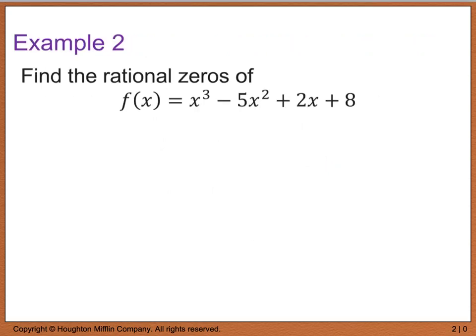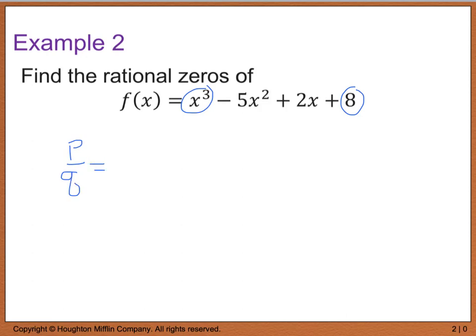So example 2 says to find the rational zeros of the function x cubed minus 5x squared plus 2x plus 8. And in all honesty, when I'm looking for my rational zeros, I don't really care about the middle terms. The terms that are most important to me are the first term and the last term. So to use our rational zero test, we're going to use p divided by q.